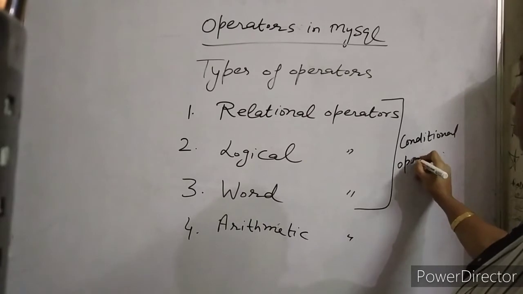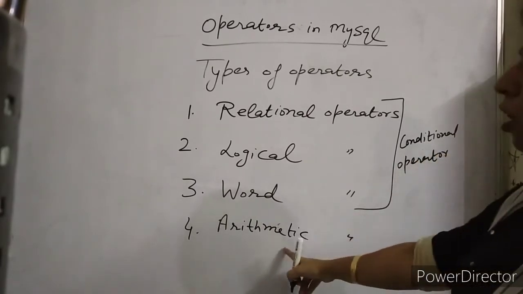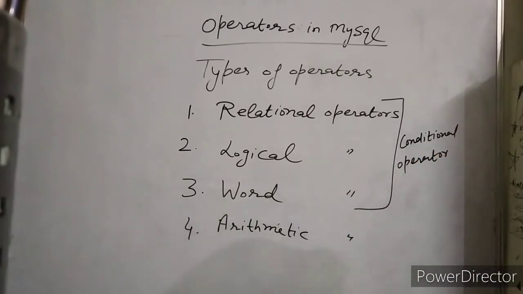Arithmetic is not a conditional operator. Arithmetic is simply plus, minus, multiply, divide, mathematical work. Conditions we can form with the help of relational, logical, or word operators. Clear?